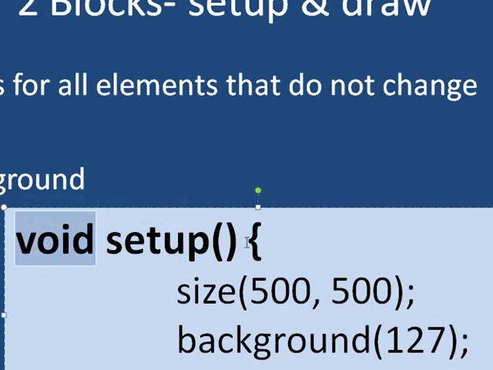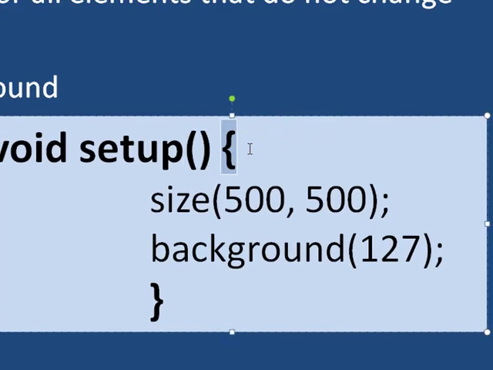Void setup. We have an open and close parenthesis, open curly bracket, and a closing curly bracket. And then whatever code we want is in between, and notice, that syntax you guys should be familiar with. They have semicolons at the end and so on and so forth. So this is our open and closing bracket. Really important to have those.